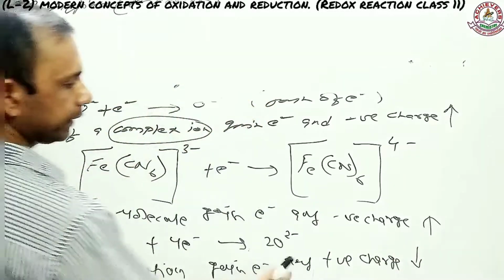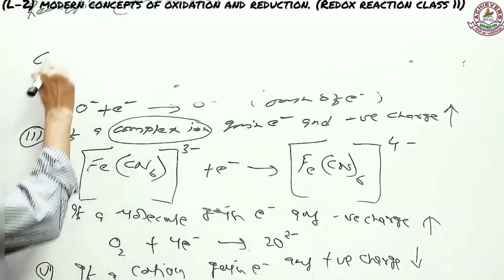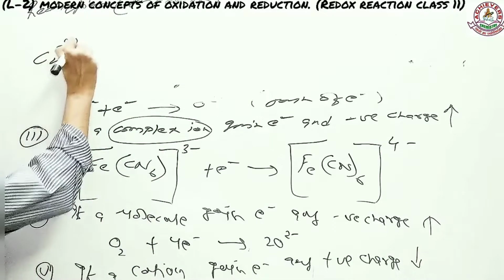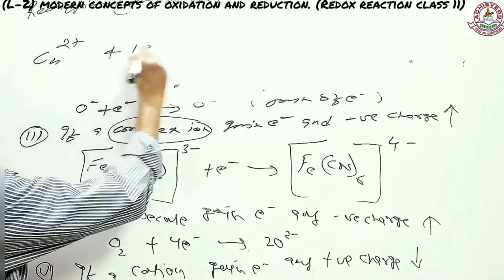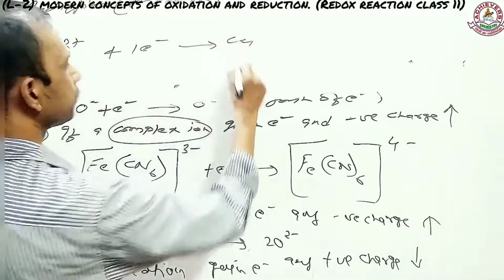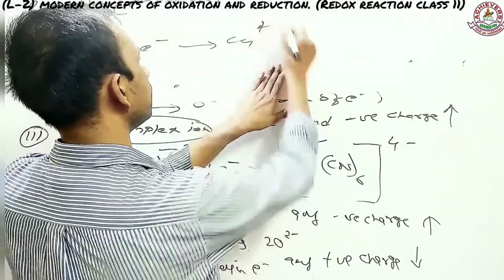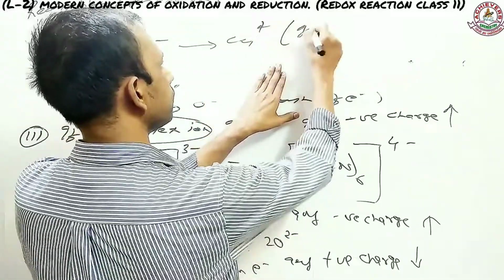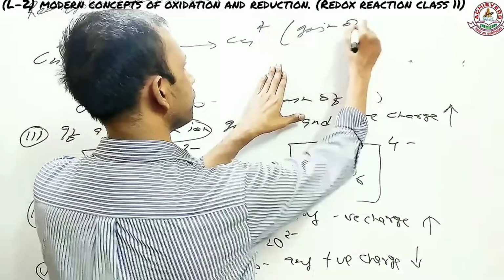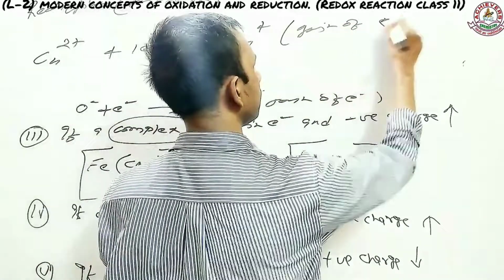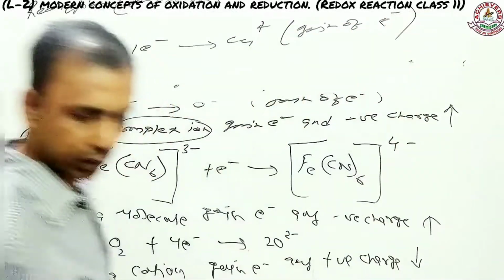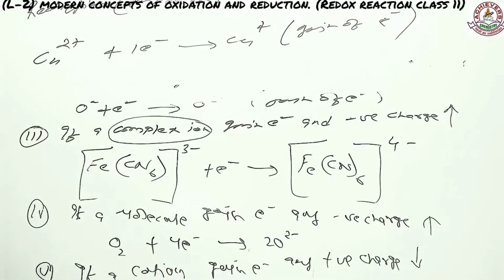If a cation gains electron, like cupric ion, Cu2+, when it gains 1 electron, this will form cuprous ion, Cu+. So what is happening here? Gain of electron. So I'm going to define it now.